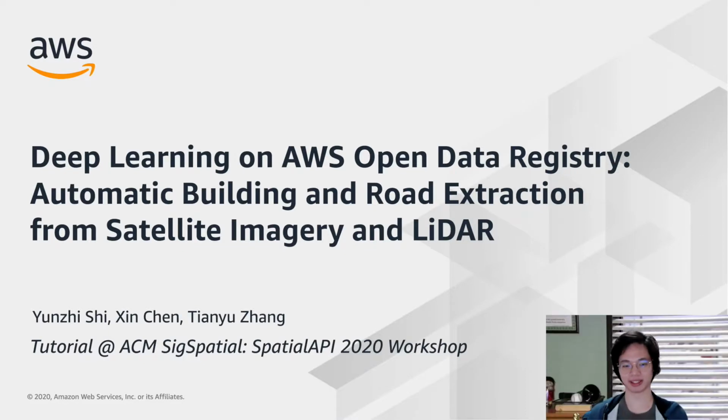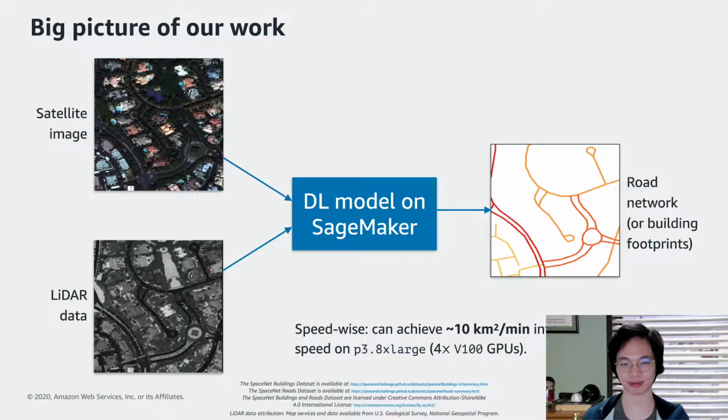While we're waiting, I want to give you some background information on this work we present. The big picture of our work is that we combine satellite images and LiDAR data and then input them into a deep learning model on SageMaker, the Amazon SageMaker machine learning service, to predict road networks or building footprints. These map features can be extracted from those image features.